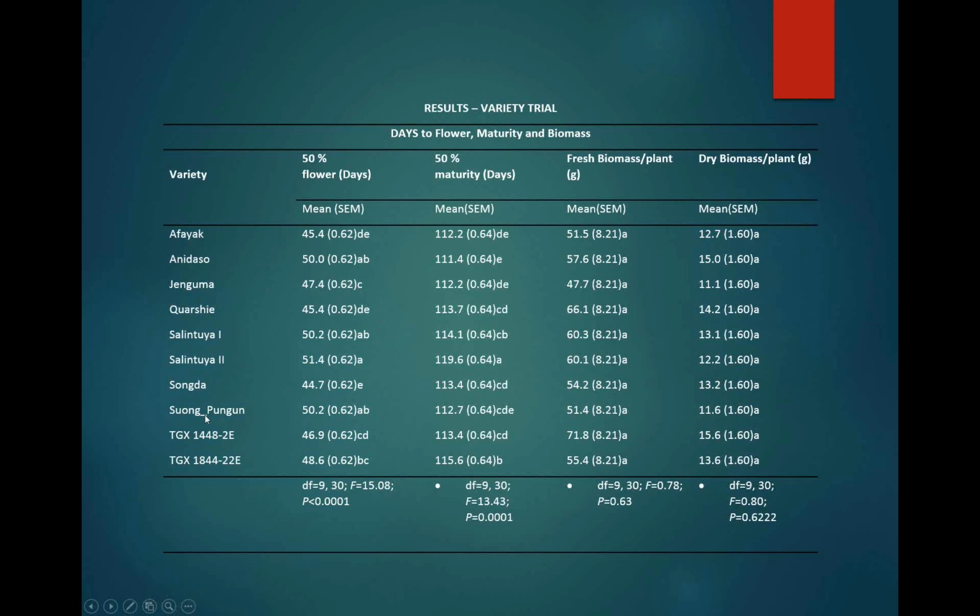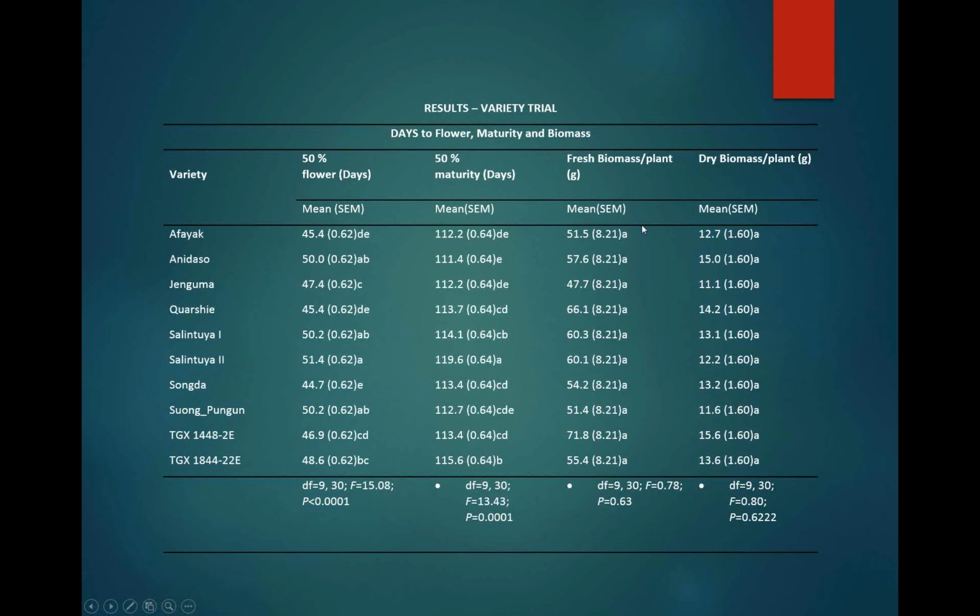I want to mention here that Songpong was later realized to be a mixture of Songpong and Sonda, so I want us to treat that variety with caution. Maturity ranged from 122 down to 115.